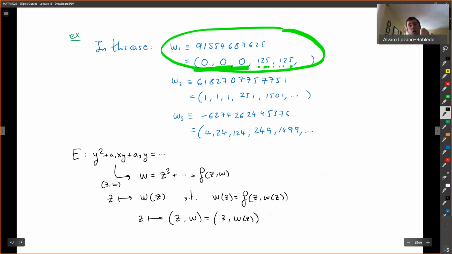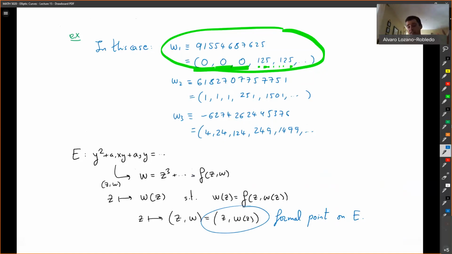Okay, but only with one parameter Z, I'm building points on the elliptic curve. So this is a formal solution. This is a formal point on E, which is just given as Z. For each Z, there's a power series that gives you a point on E.